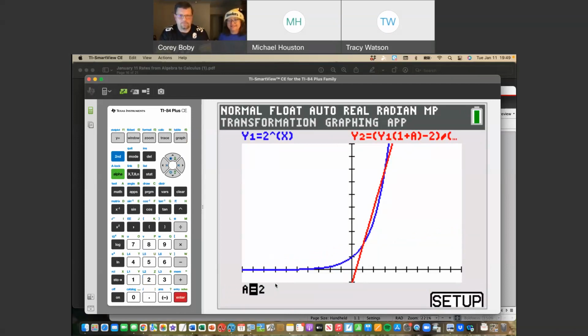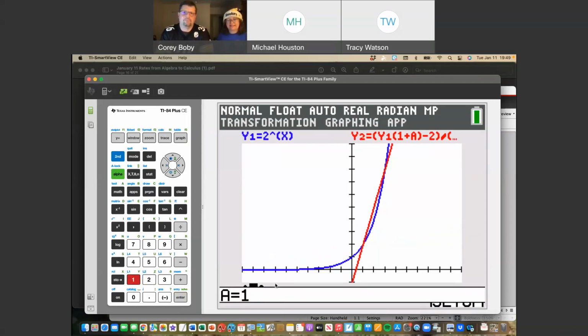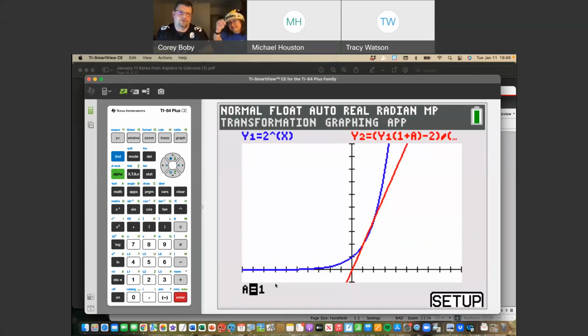And then I can make it 1, and now it goes through 1, 2, and 2, 4. And now I want to make it 0.5. This is really nice because I'm controlling the delta x in the secant line. So we're doing what we did on the Nspire on the 84, just differently, because it's a different device. I wanted you to see that you can get that interactivity using the 84.